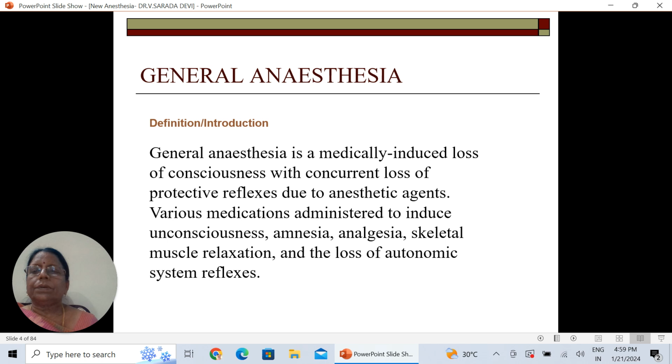Definition of general anesthesia. General anesthesia is medically induced loss of consciousness with concurrent loss of protective reflexes due to anesthetic agents. Various medications are administered to induce unconsciousness, amnesia, analgesia, skeletal muscle relaxation, and the loss of autonomic system reflexes.